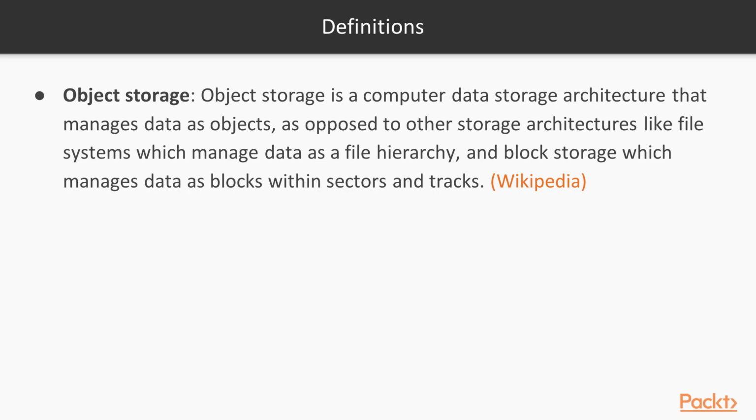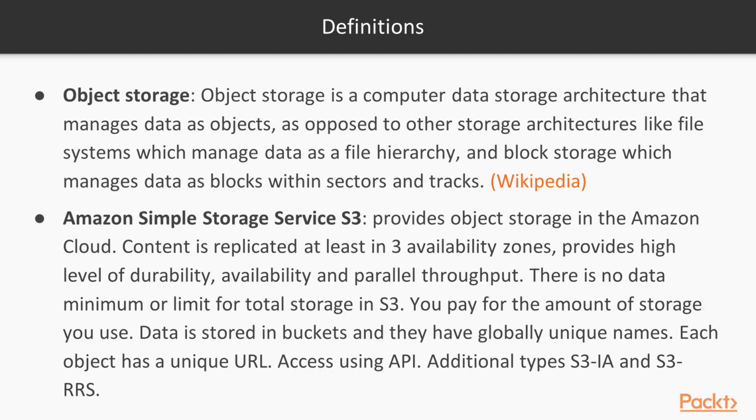This is important because S3, Amazon Simple Storage Service, uses object storage. It's the object storage service in the Amazon cloud. This service has 11 9s of durability because every time you upload content to S3, it's replicated in at least 3 availability zones.